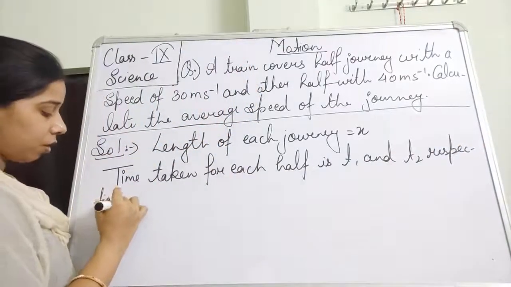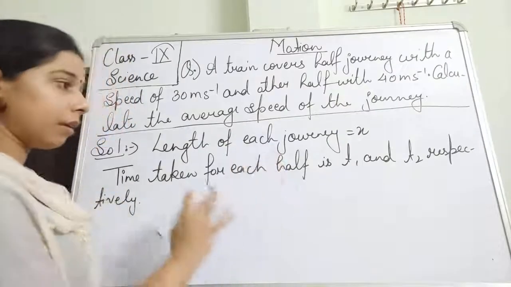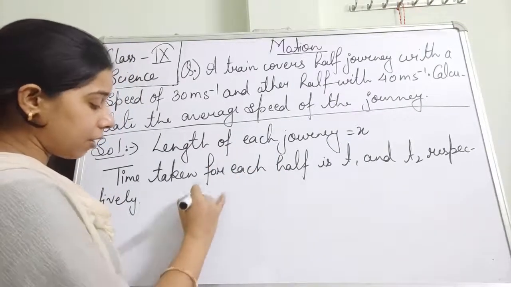Then the speed will be equal to, now the time taken is T1, T2. So now calculate the time here. So suppose we take the first condition, that is T1.